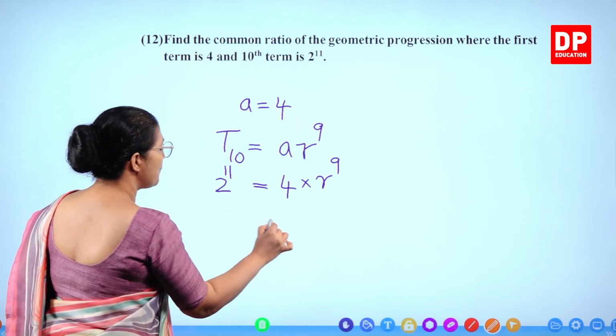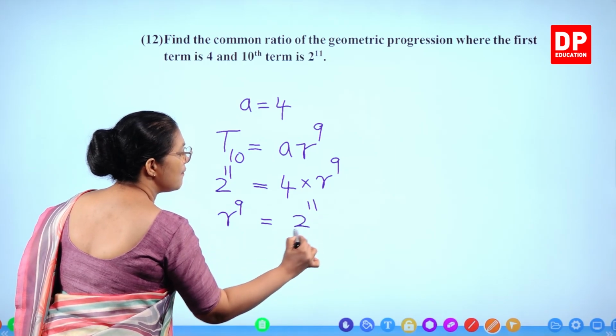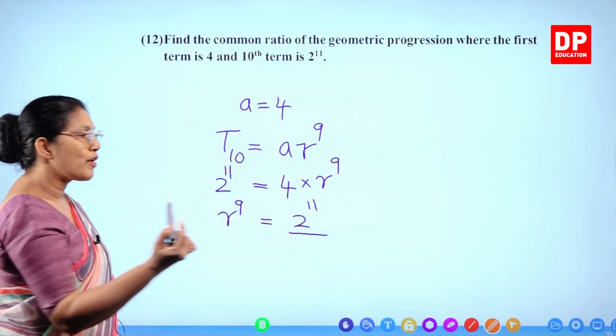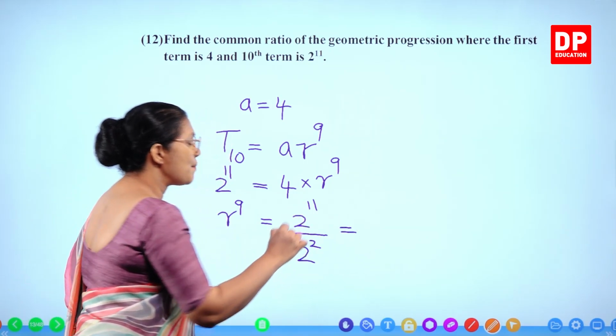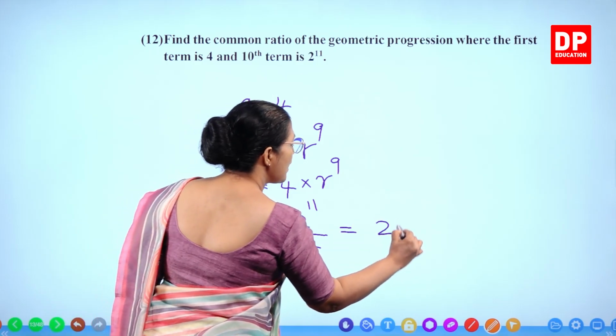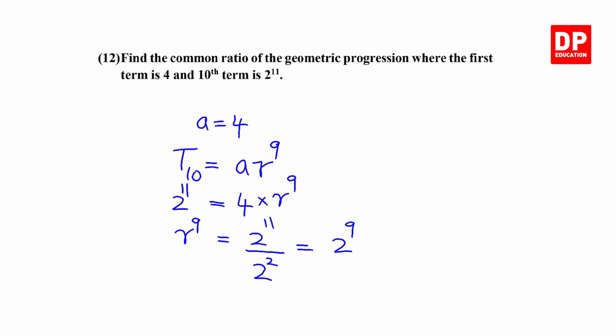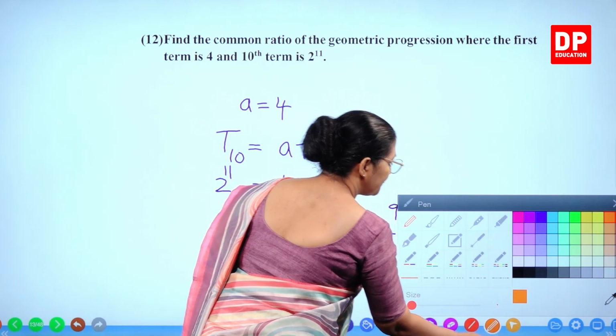Now simplify. R to the power 9 becomes 2 to the power 11 divided by 4. 4 you can write 2 to the power 2. Same base, different powers division, you subtract the powers. 11 minus 2, you get 9. Now you can see powers are the same, so you can compare the bases. So R becomes 2. So 2 marks for that question as well.